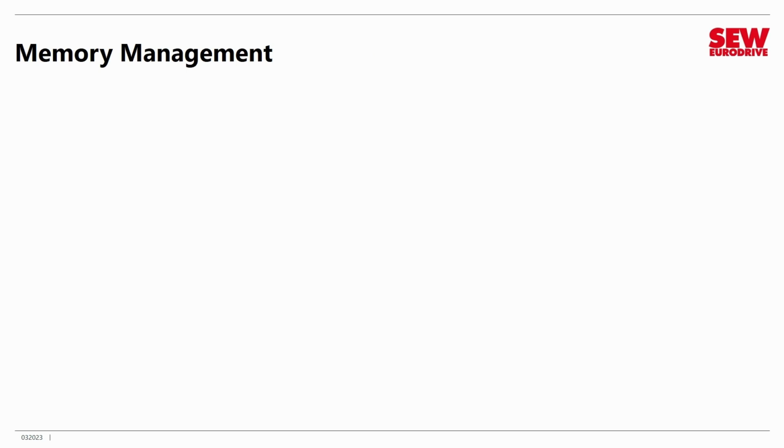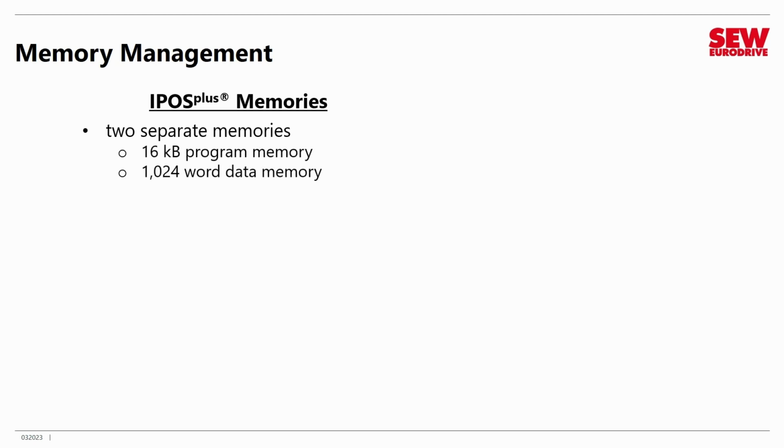Now, let's talk about IPOS's memory. IPOS has access to 2 different kinds of memories built into the VFD. This may seem a little unusual to you because on a PC we basically only have one and everything lives in there, but in a VFD, such as the MOVIDRIVE B, we handle it a little differently. There is a 16 kilobyte program memory.